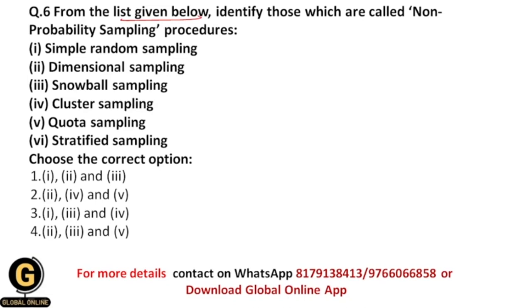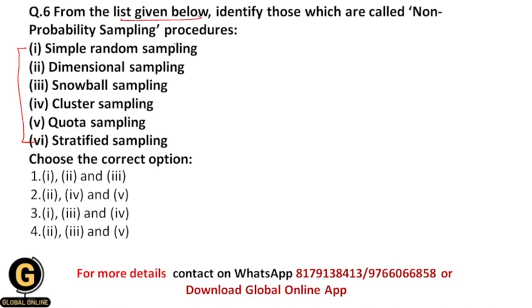Okay, so here we are given different sampling procedures, and we need to identify which are the non-probability sampling procedures among these. Basically there are two types of sampling procedures: probability and non-probability sampling procedures.